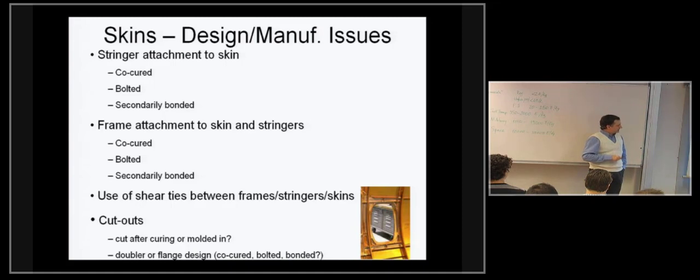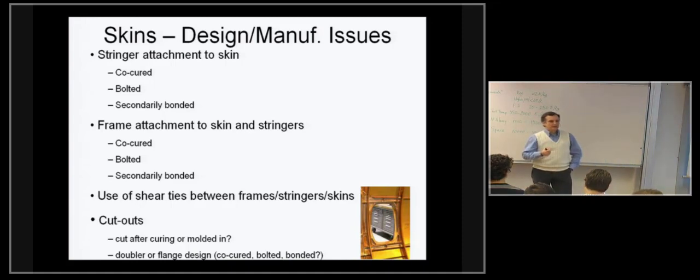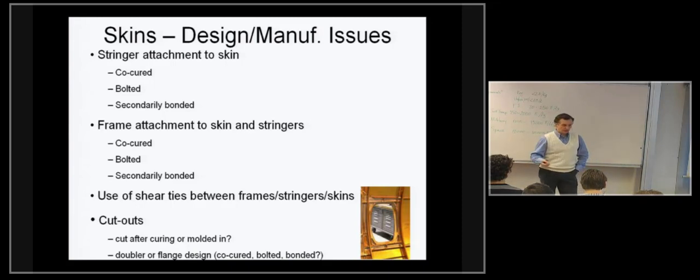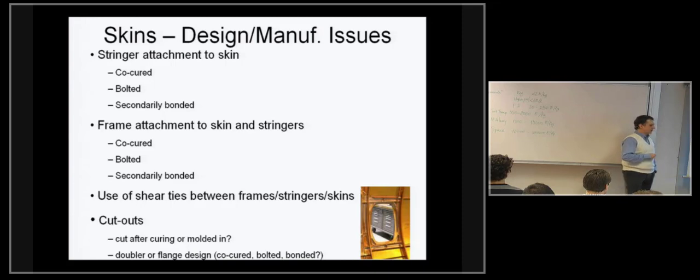And every time you have a cutout, if it's a structure like a fuselage, or even not as much a wing, but the fuselage definitely, like the window cutouts and of course the door cutouts, you need to reinforce. And designing the reinforcement itself becomes an interesting problem, and the reinforcement itself will have a bunch of requirements related to manufacturing. And we will talk about designing reinforcements at the end of this lecture, if all goes well.